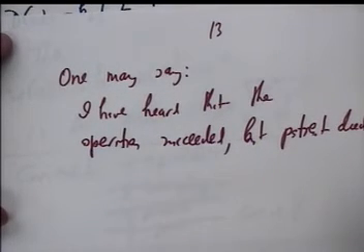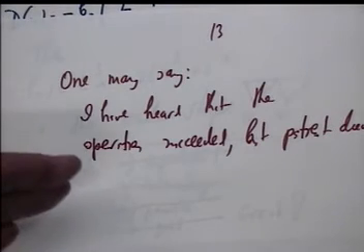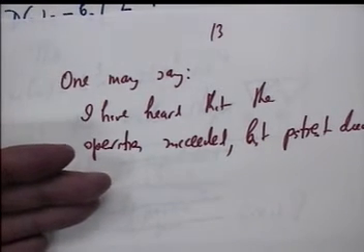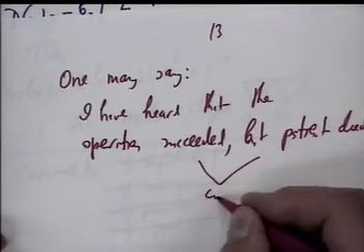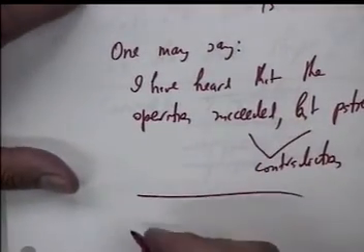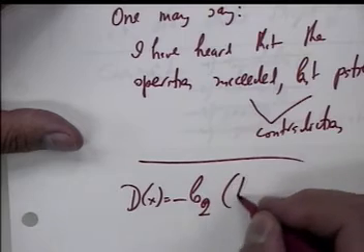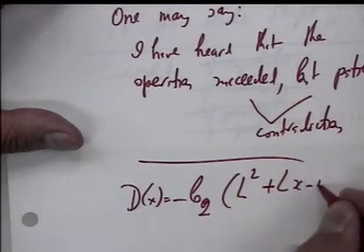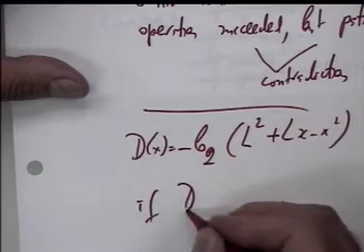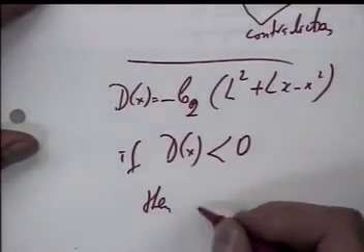You know, there is this sentence, operation succeeded, patient died. Operation was successful. No, they did everything successfully, but patient died at the end. So that is not a successful operation. Is it right? That is a contradiction. Why do I say that? D of x equals minus b2 L squared plus Lx minus x squared. If d of x is negative, then patient died. Is it right?